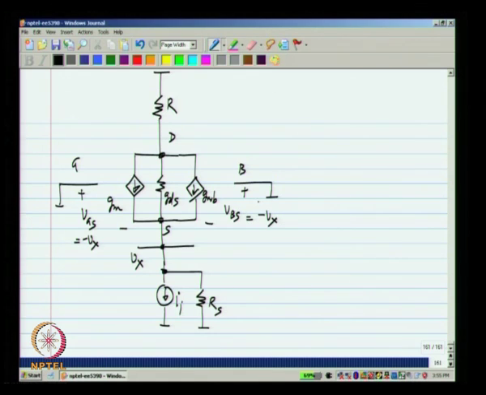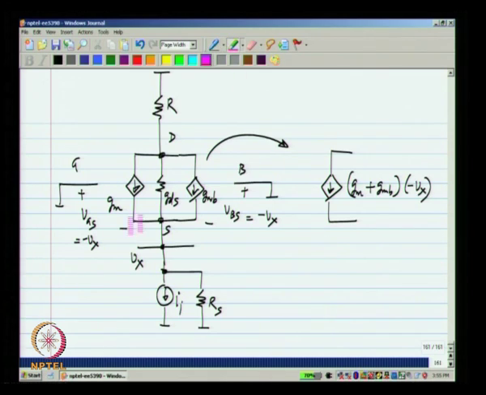So, these two control sources are in parallel and they are multiplying the same quantity minus Vx. Okay. So, effectively what we have is a current source which is Gm plus Gmb times minus Vx. Okay. That is because in this circuit VGS happens to be equal to VBS.